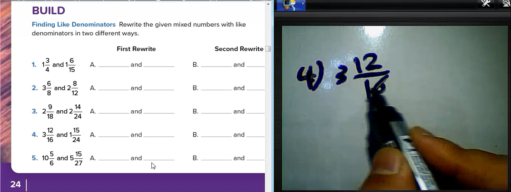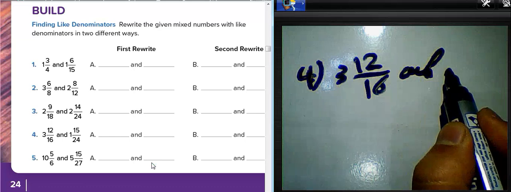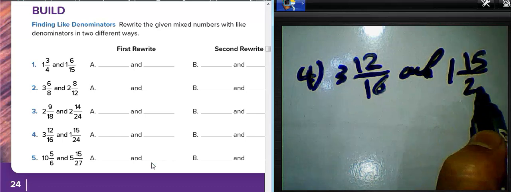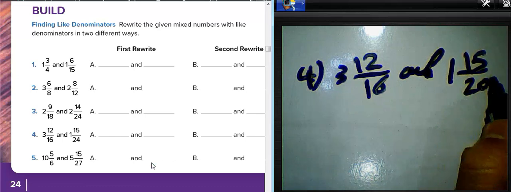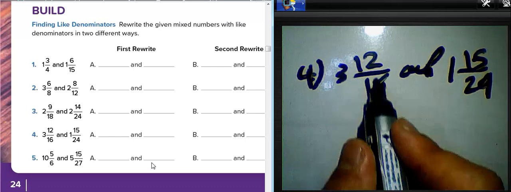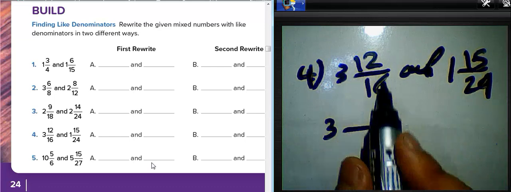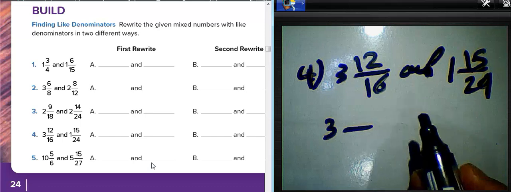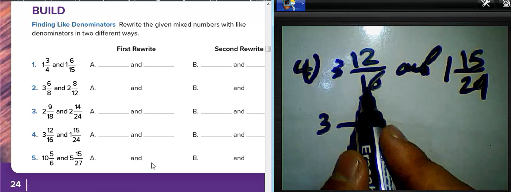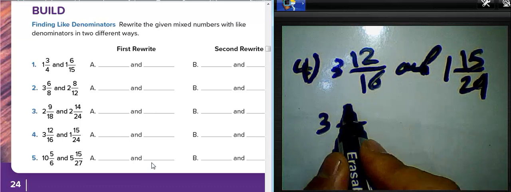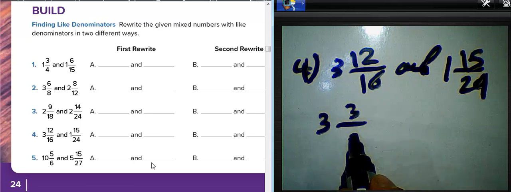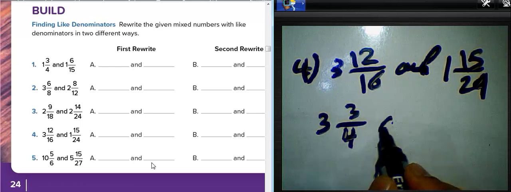3 and 12 over 16 and 1 and 15 over 24. We can simplify here by dividing by 4. 12 divided by 4 equals 3, and 16 divided by 4 equals 4.